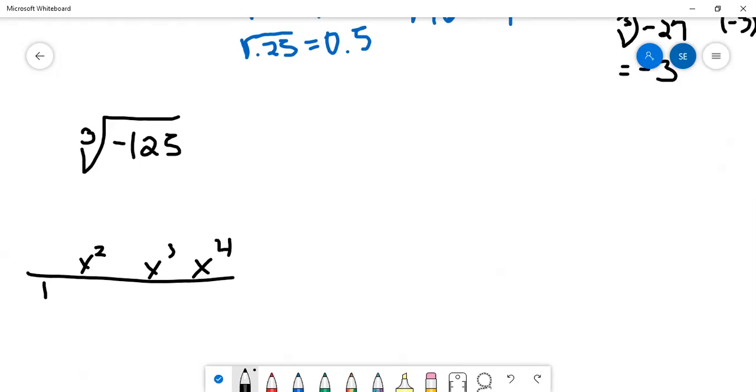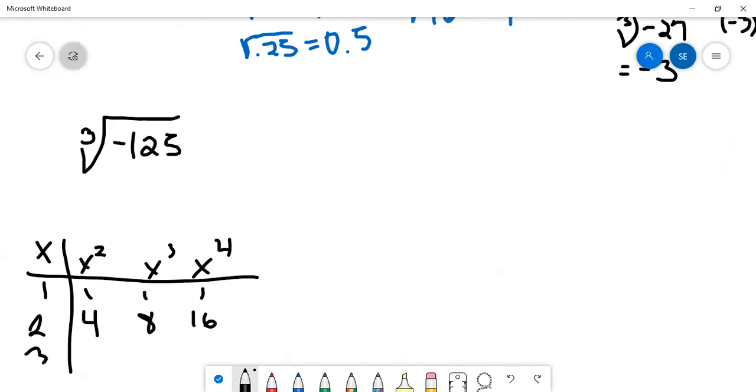If x is equal to 1, this is 1, 1, 1. If x is equal to 2, 2 squared is 4, 2 cubed is 8, 2 to the 4th is 16. We have 3, 3 squared is 9, 3 cubed is 27, 3 to the 4th is 9 times 9, which is 81. It's useful to have these in the back of your mind.